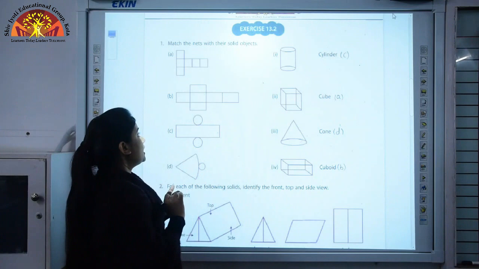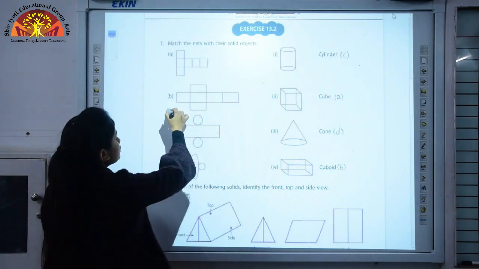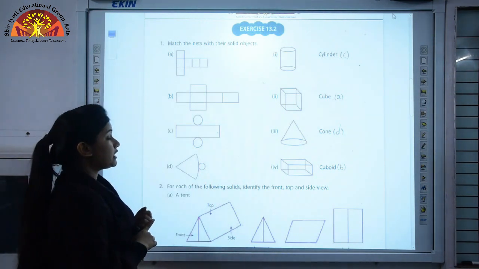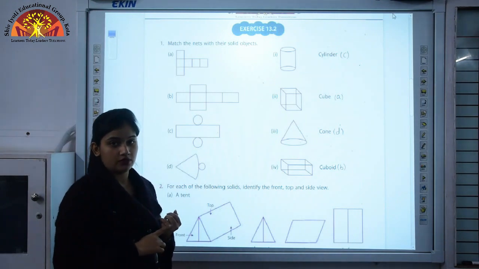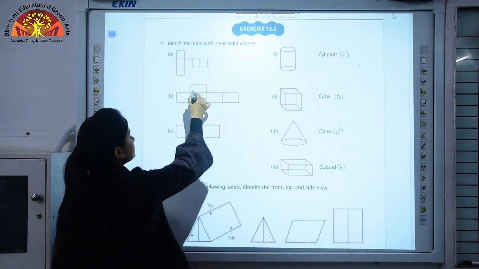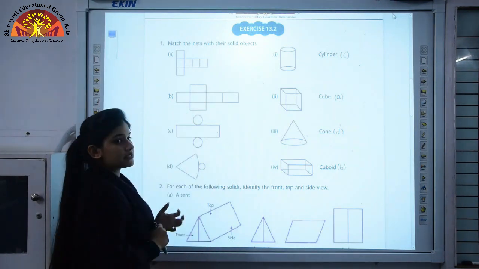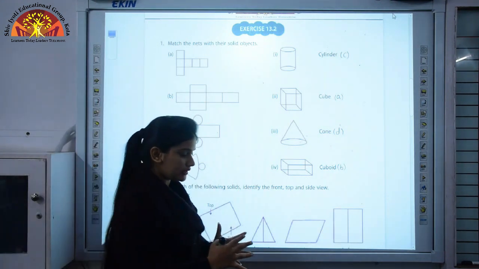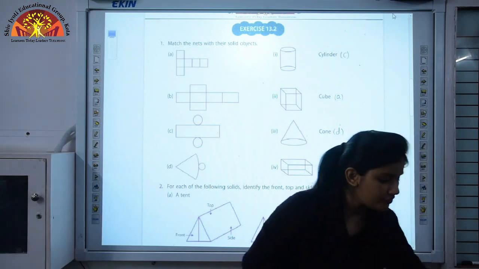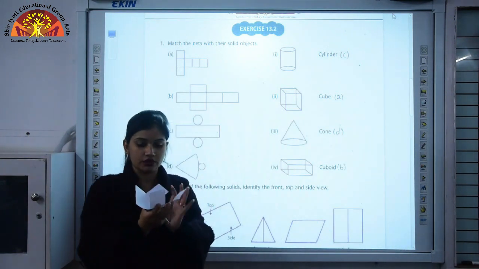Okay students? And now we will see the B part of this question. In this B part, we can see some rectangles are given here. Okay, you can see this is a rectangle. This is also a rectangle. These all are rectangles. If we fold these rectangles, in rectangles को अगर मैं क्या करूँ? Fold करूँ like this.